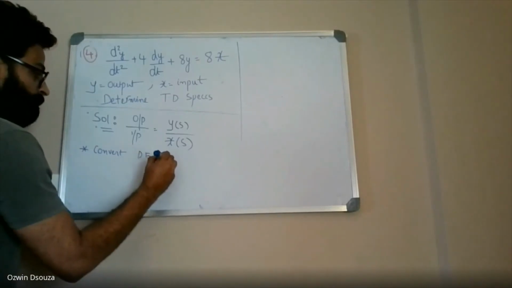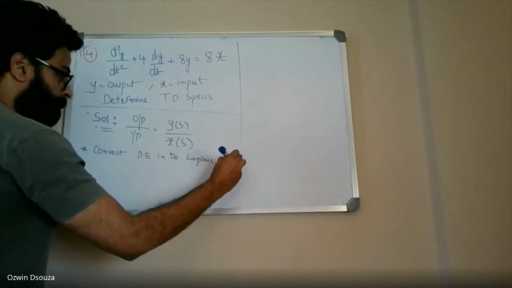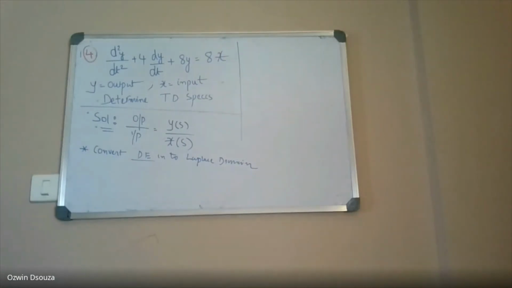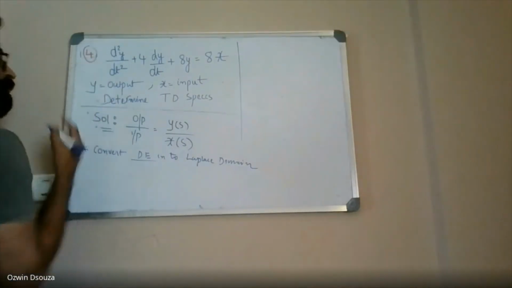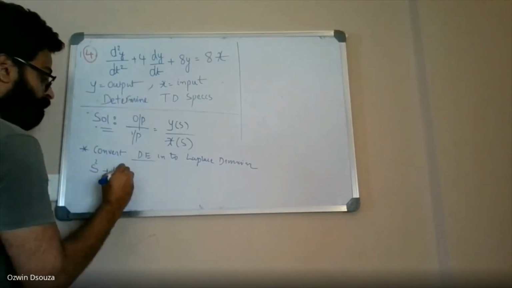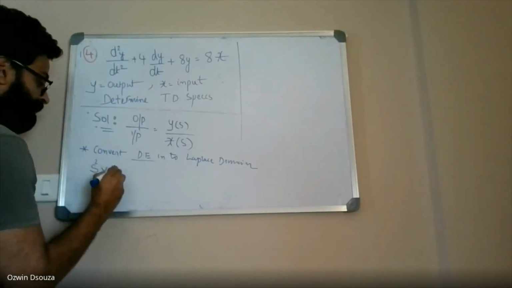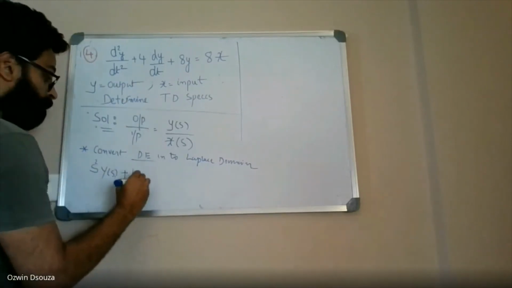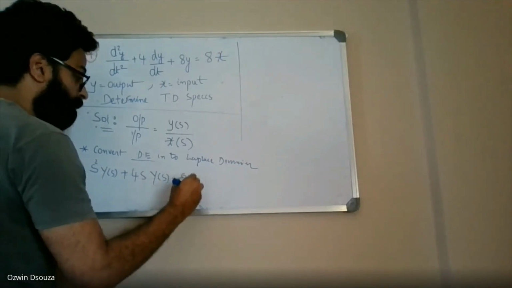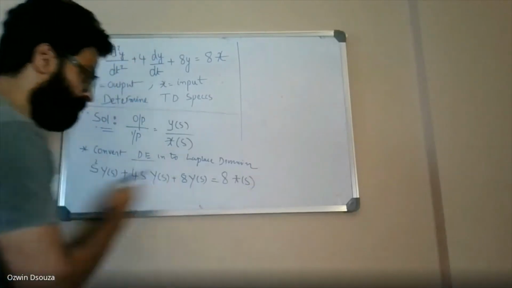So what you can do is convert the differential equation, expressed in time domain, into the Laplace domain. You have a double time derivative, hence s square into y of s plus 4s into y of s plus 8 into y of s is equal to 8 into x of s.